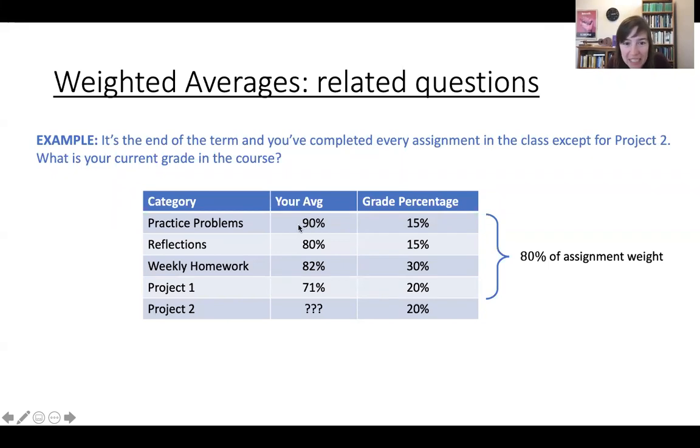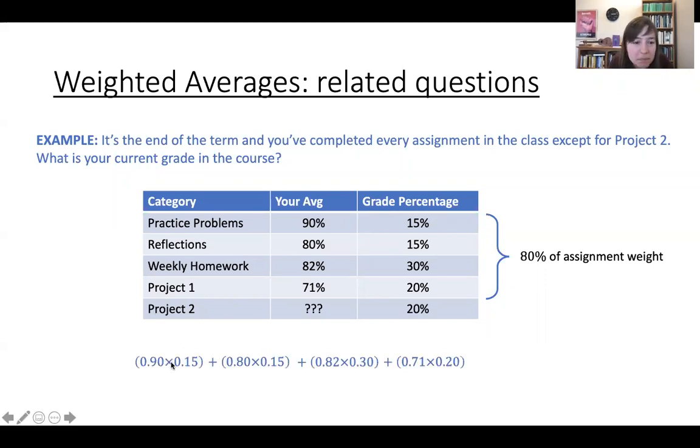So you're getting 90% on this 15%, you're getting 80% of this 15%, 82% of this 30%, and 71% of this 20%. And so you're going to want to do all those calculations and add them all up. And then the key is to realize this is only 80% of the grade. So you've got to divide it by 0.8.